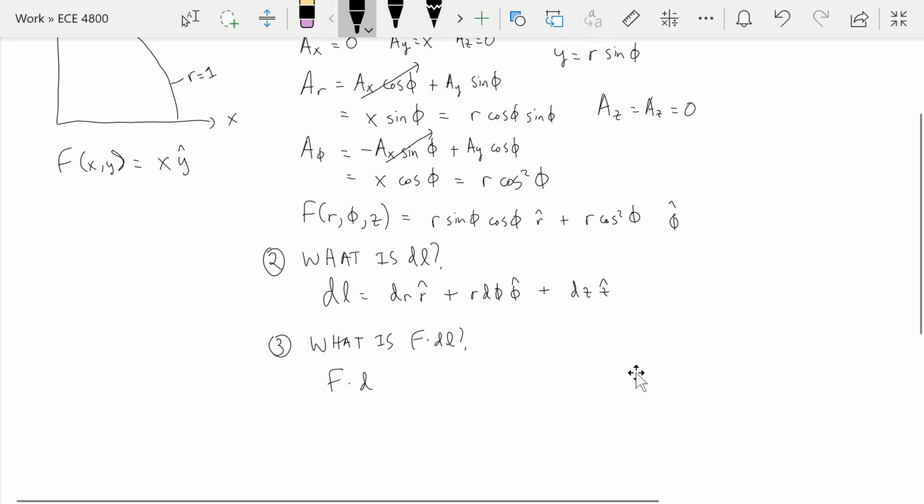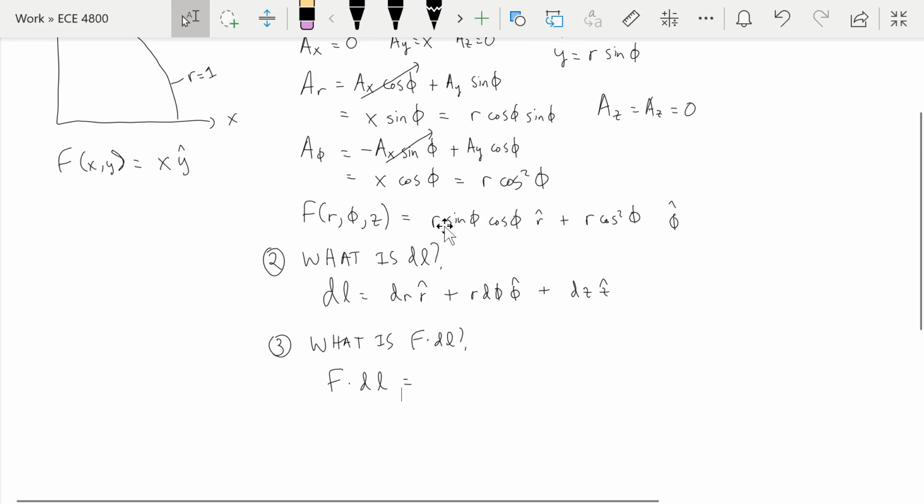We take the dot product of F and dl. The r hat components multiply together, the phi hat components multiply together, and the z hat component is basically going to be 0 because there's no z hat component of F. So let's multiply these two together.